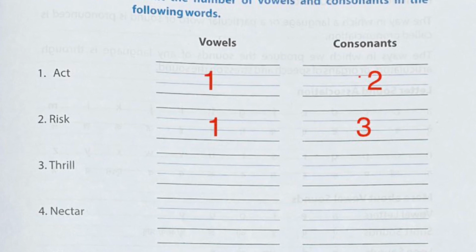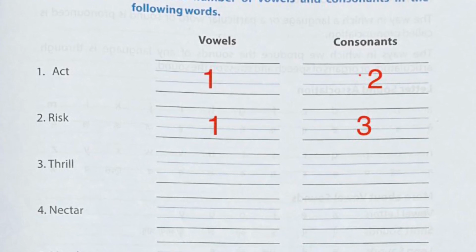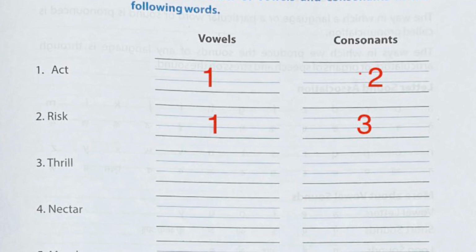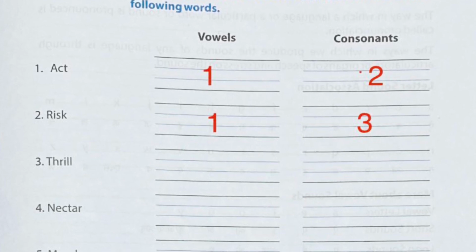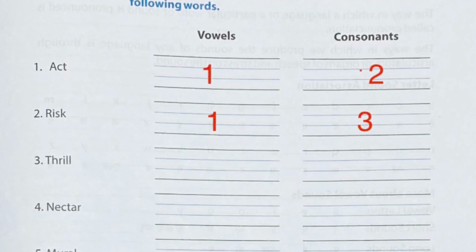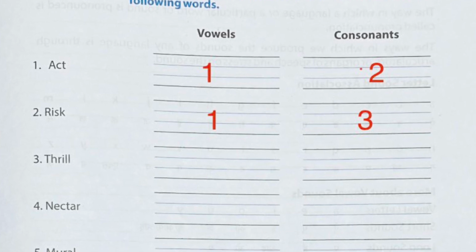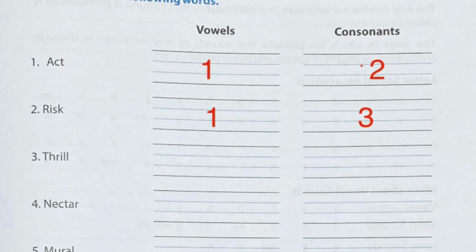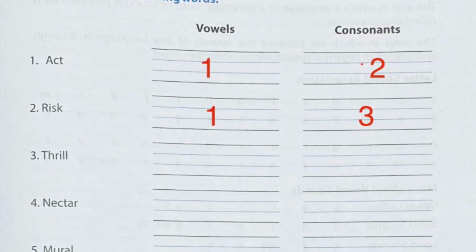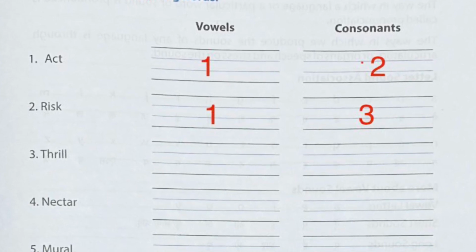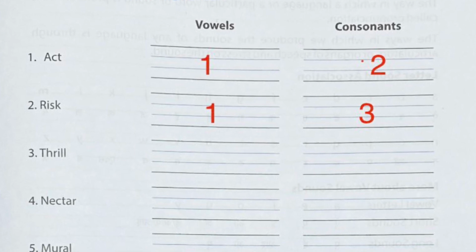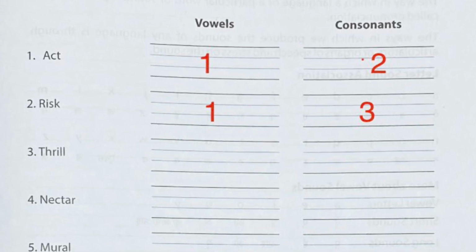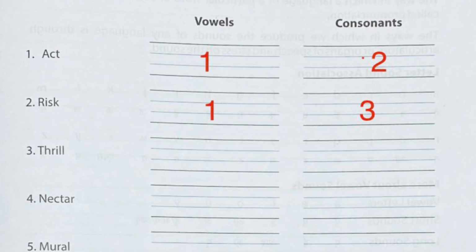In act there is a single vowel and 2 consonants, and in risk there is a single vowel and 3 consonants. Like that you have to solve the further ones given on this page number 15. So both these exercises, worksheet 1 and worksheet 2, are very easy. I hope you will be able to solve them and enjoy thinking of these words.